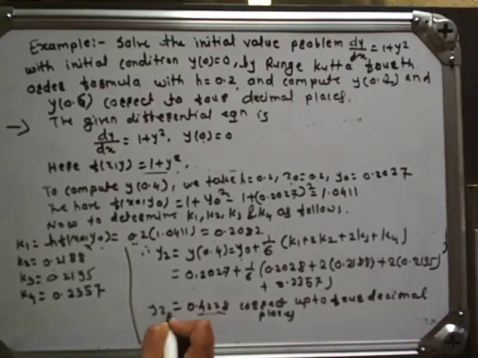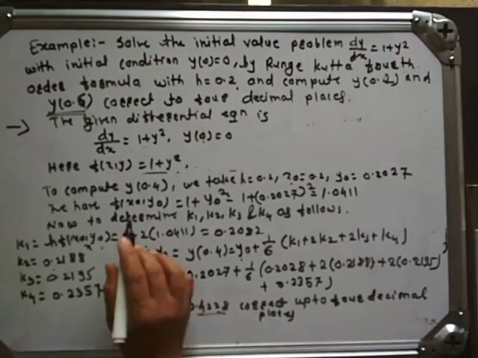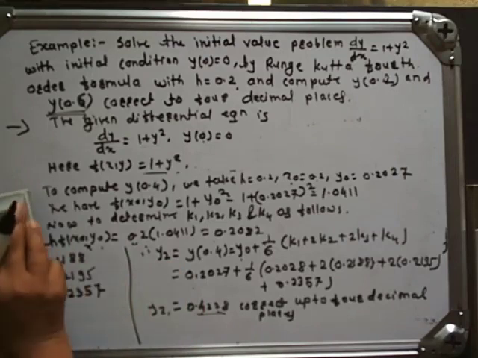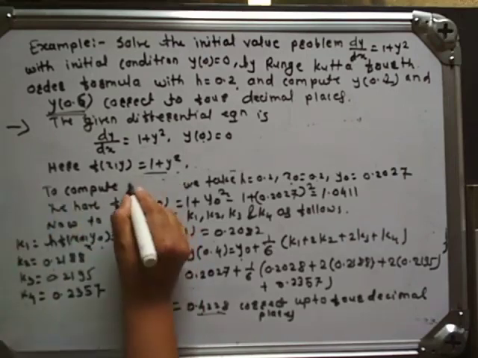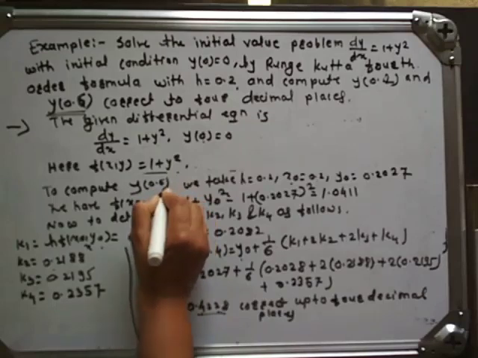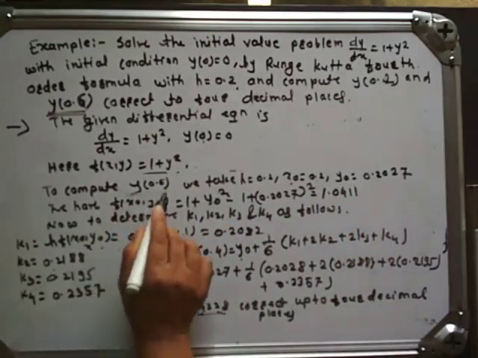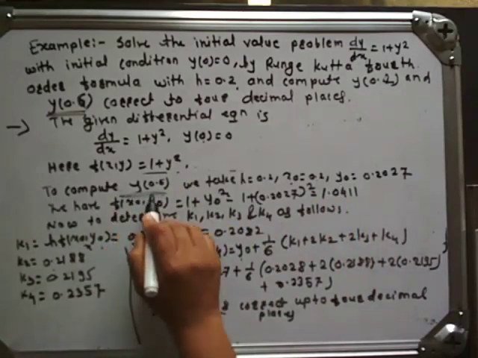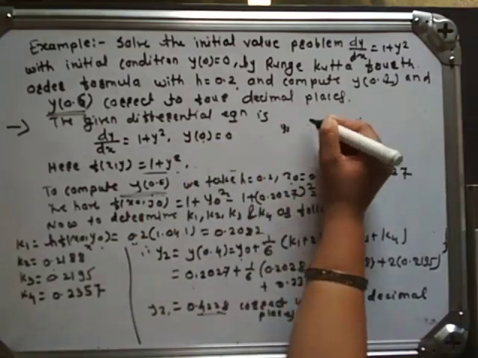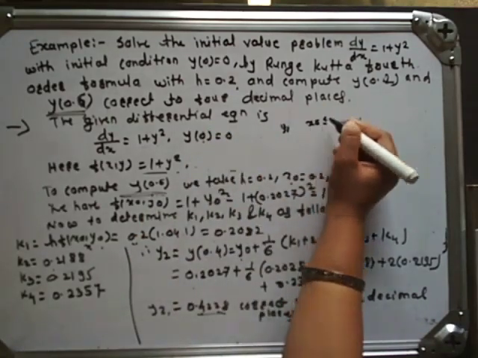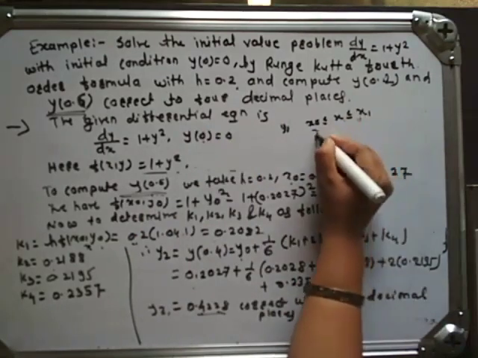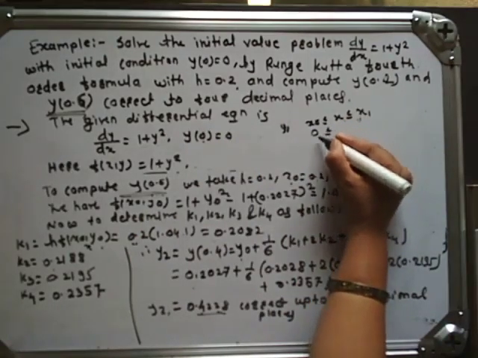In actual, we have to find out y of 0.6. To compute y of 0.6, we have to take x0. See here, for y1, x lies between 0 and 0.2.